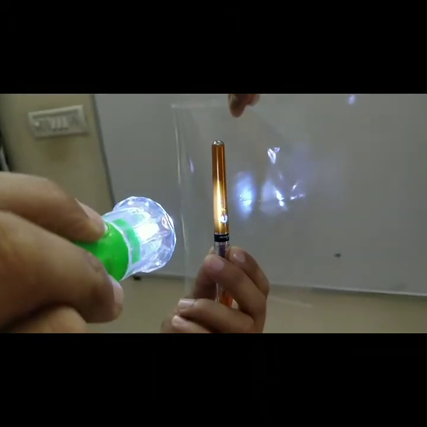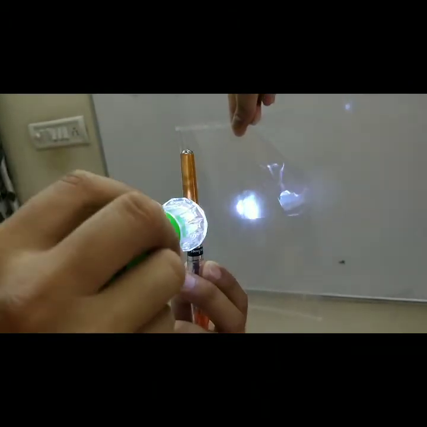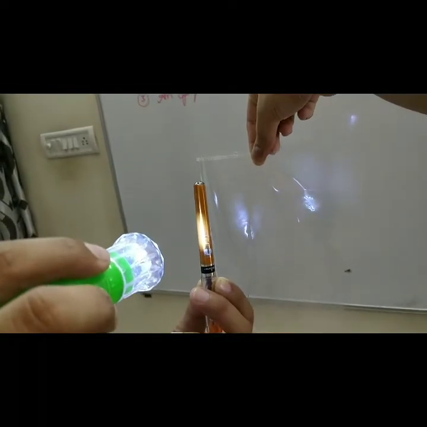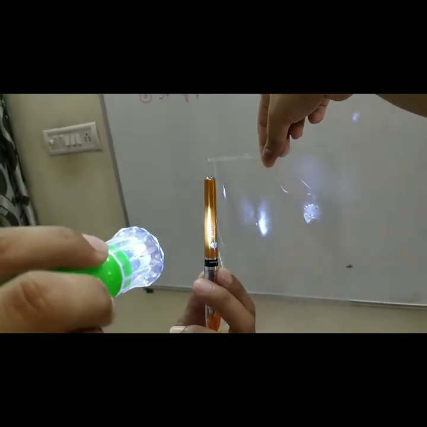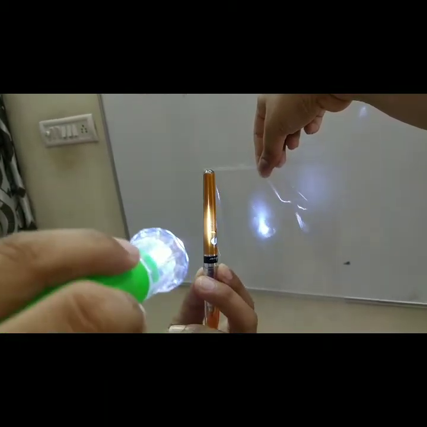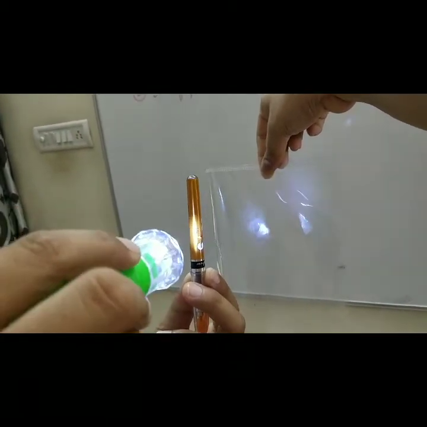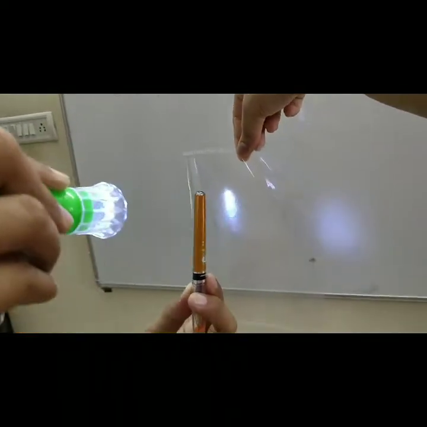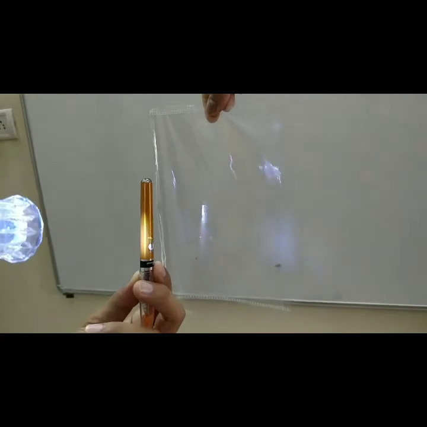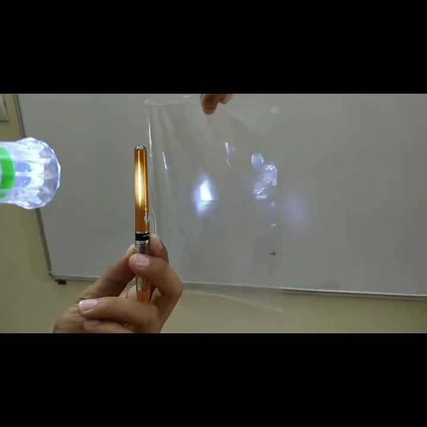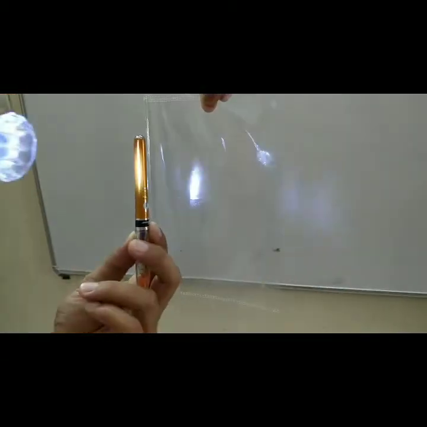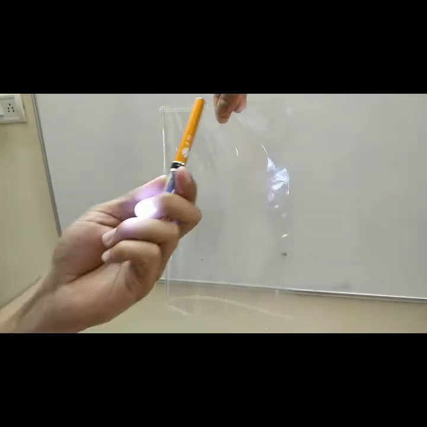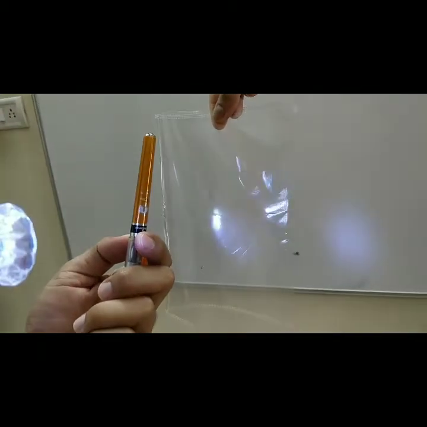If I switch it on, the light falls on this object, but the formation of shadow is not taking place on this transparent object because an opaque screen is required to form the shadow of an object. This object is transparent, so the shadow of this pen, on which the light is falling right now, is not forming here. Look, light is falling on the pen, but its shadow is not forming here. There is no shadow formation taking place here because this object is a transparent object.